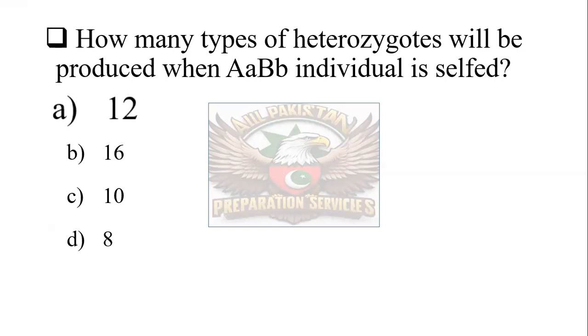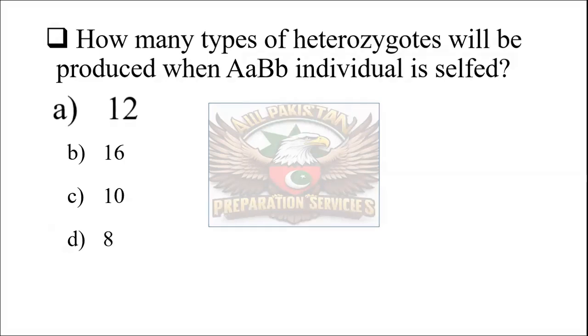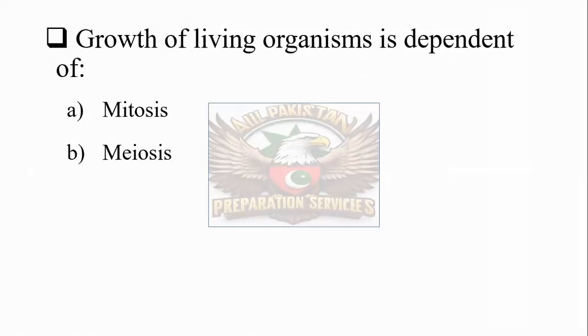The total will be 16 and heterozygotes will be just 12. Growth of living organisms is dependent on meiosis or mitosis, and the correct one is mitosis. Growth of living organisms is dependent on mitosis.